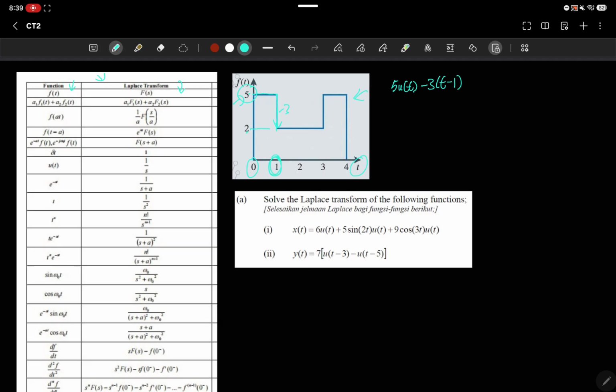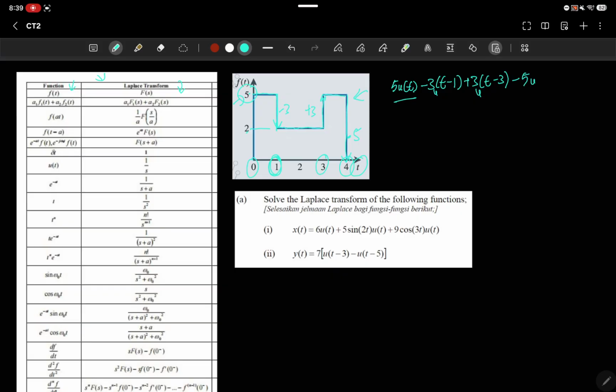It's in the first second. Now it's straight until it goes up positive 3 at 3, meaning it's plus 3 u(t minus 3). Then it's constant till it falls down 5 at t equals 4, so minus 5 u. Sorry, you need to write the u.